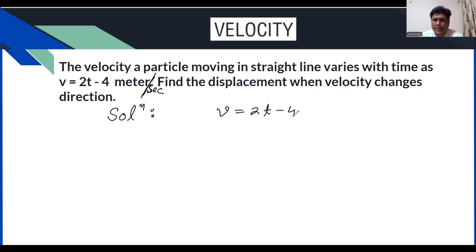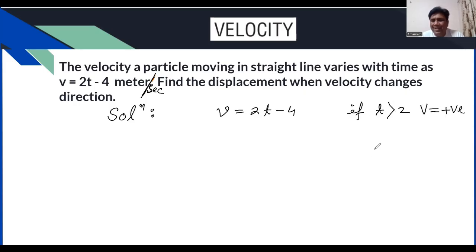Now you see, if t is greater than 2, then v will be positive.